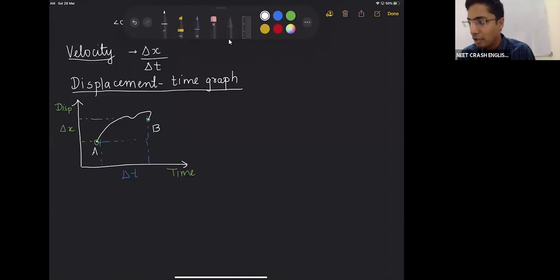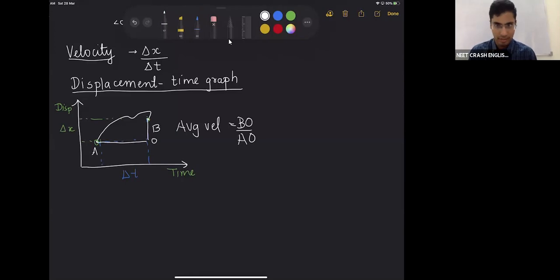So the average velocity is BO upon AO, correct? Which is nothing but delta x upon delta t.